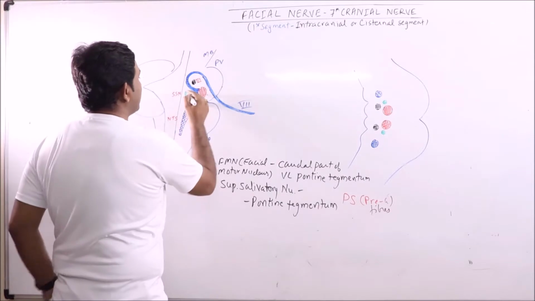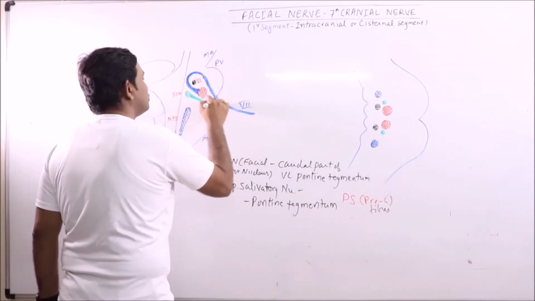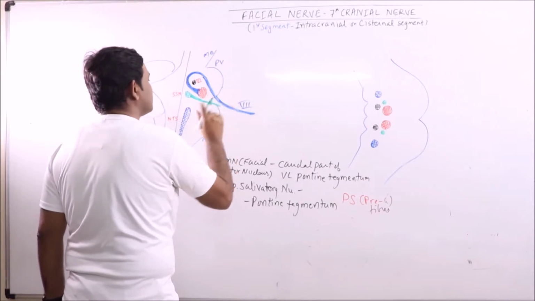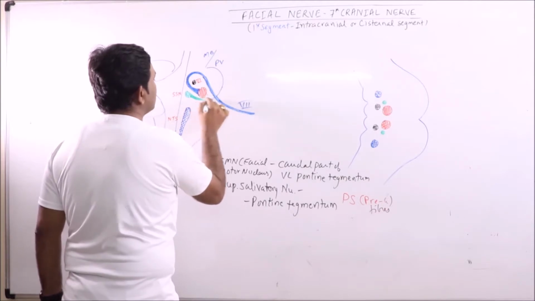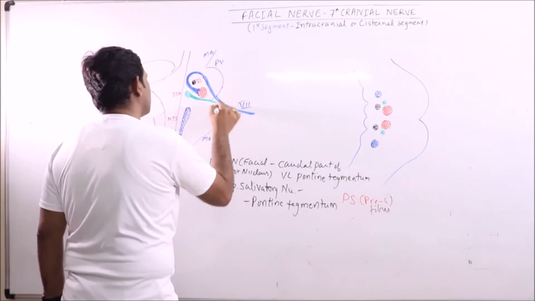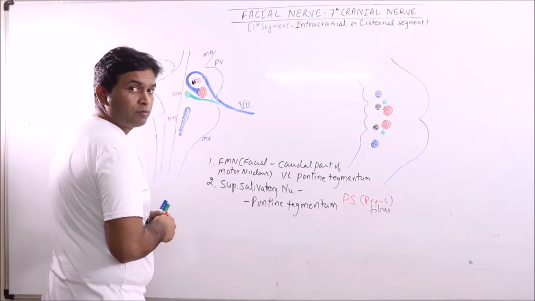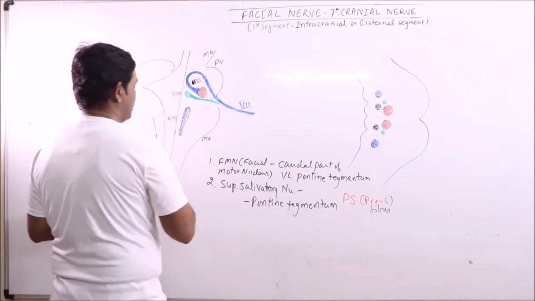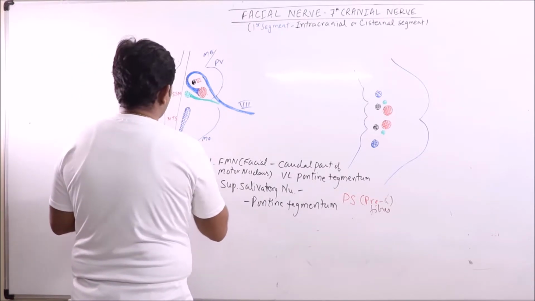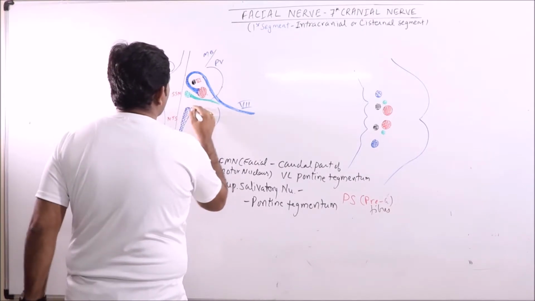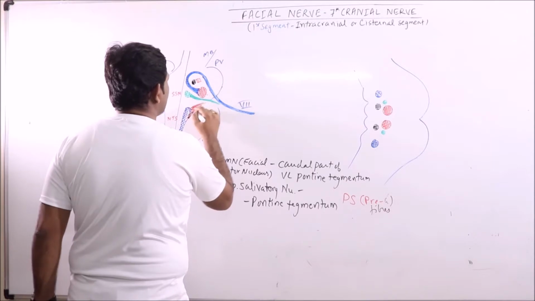Now these parasympathetic preganglionic fibers from the superior salivatory nucleus come out from the pons, and the sensory fibers for taste from the anterior two-thirds of the tongue reach the nucleus tractus solitarius.